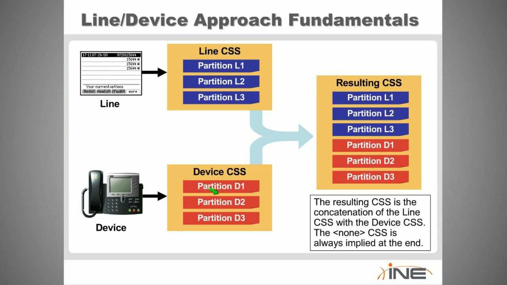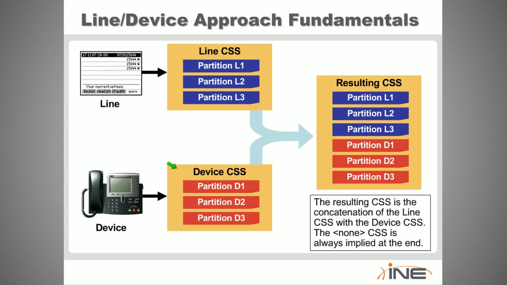So whatever order the device calling search space partitions were in, they remain in that order. Whatever partitions at the line level were in, they remain in that order. However, all of the line partitions are stacked on top of the existing order of the device partitions.